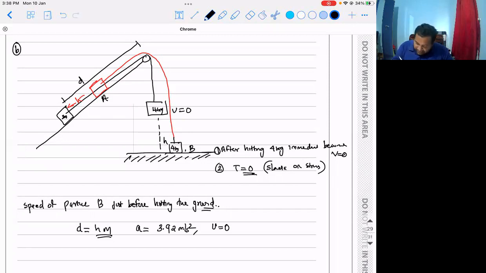So we can find it: h is equal to ut plus half a t squared. Anyway, time is unknown, right? So which equation can we use? v squared is equal to 0 squared plus 2 into 3.92 times h. The acceleration, we got it as 3.92, right?